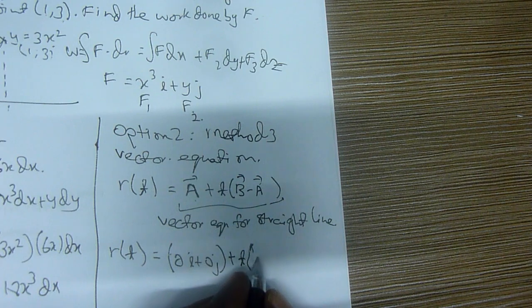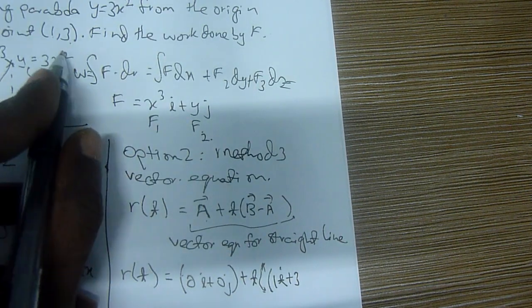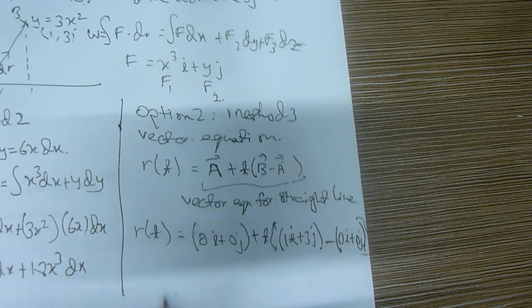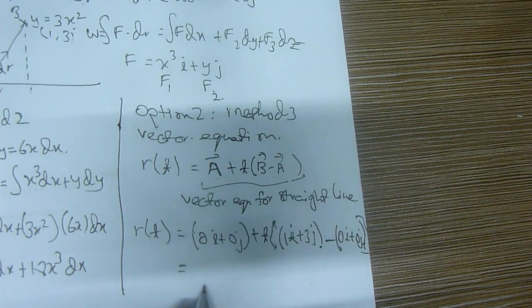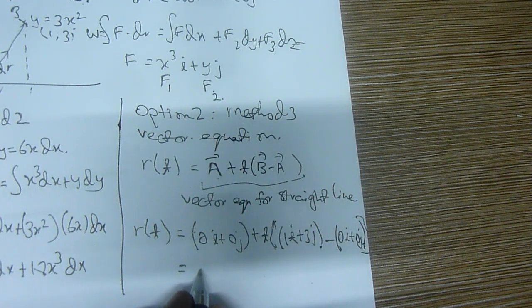B is 1i plus 3j, minus A, which is 0i plus 0j. Then we just insert it and arrange it back. I want you to do this homework by yourself. The r(t) can become i, 3j, t.